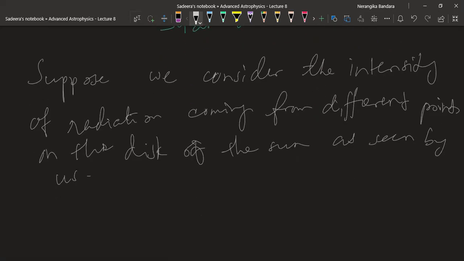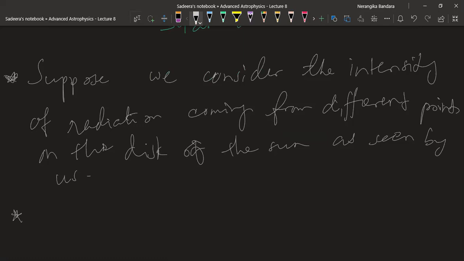Just in case you can't read my handwriting, what I've written down is that suppose we consider the intensity of radiation coming from different points on the disk of the sun as seen by us or an observer. This is our first point.